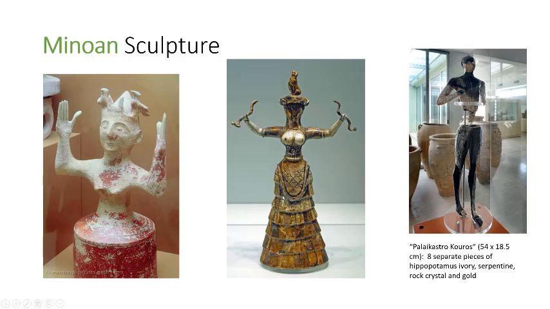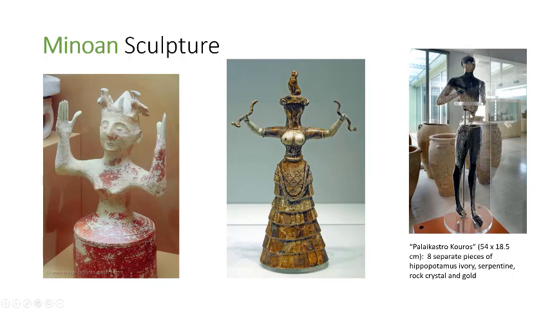She's done in ivory. The one on the right here is a relatively new find, to be perfectly honest, and it's really exciting to us because we have this three-dimensional sculpture that really matches the way the human body is depicted in wall paintings and other art forms for the Minoan sphere.